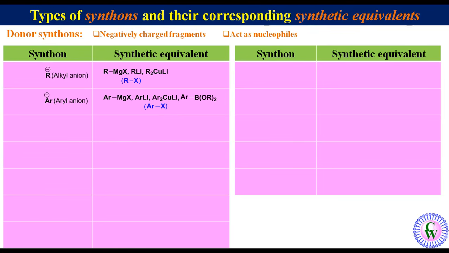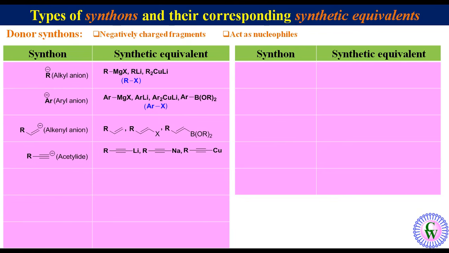For alkenyl anion, the synthetic equivalents are alkene, alkenyl halide, and alkenyl boronates. For acetylide, lithium, sodium, or copper acetylides that can be generated from terminal alkynes. For cyanide, sodium or potassium cyanide.